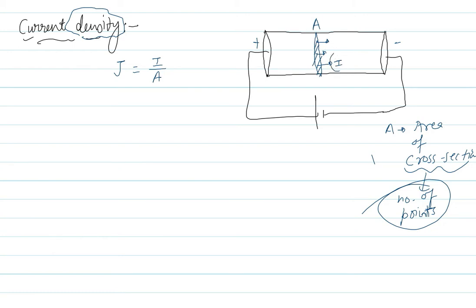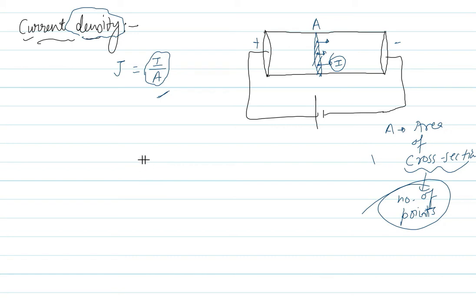So this capital I current is not through only one point, this is through the complete area, right? But when we define current per unit area, that means we are dividing the total current by the number of points. So the term which appears is actually the current at a single point. This is the sense of current density. That means how dense the current is flowing, right?